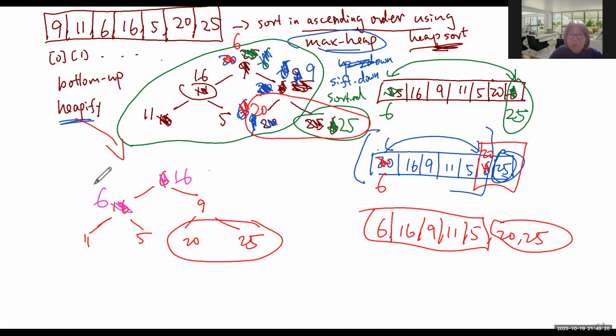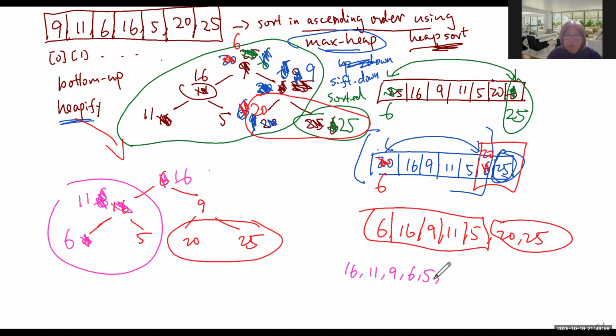After we move 6 down, then we can check this subtree. And for this subtree, we need to do another change. So 6, then 11, okay? And now we can see 16 is the largest, and it's at the root. It's a root node, so that's fine. And so the new array now changes to 16, 11, 9, 6, 5, and 20, 25.